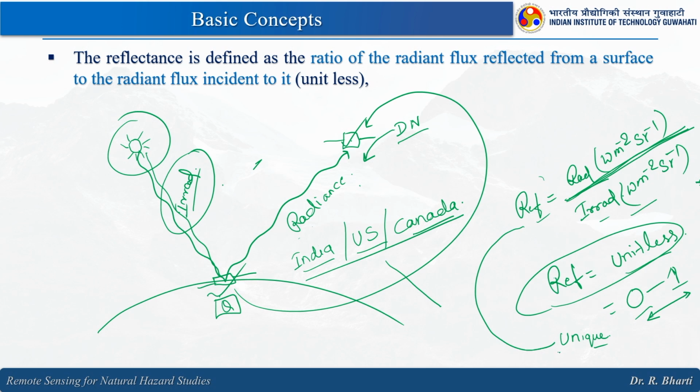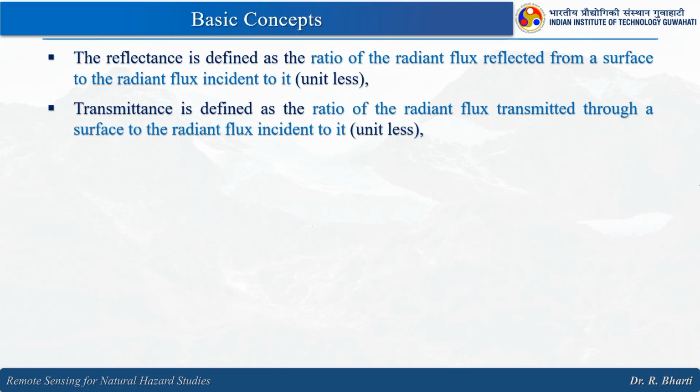So, this reflectance will be unique value which is consistent through space and time, right. Whether you measure it today or tomorrow or maybe after 1 year in different places, the quartz should have the same reflectance value, and that is the basis of remote sensing, why we are using remote sensing.